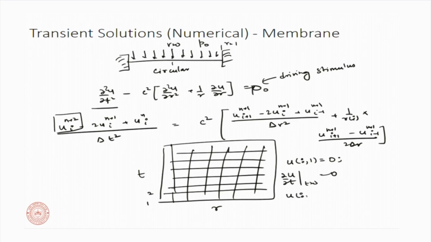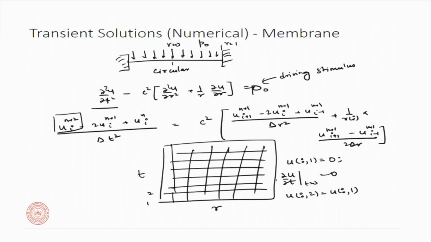So u at all rows at 2 is equal to u at all rows at 1. Okay, so by now you should be familiar with the different boundary conditions, right? If it is 0, that means (u2 minus u1) by Δt is 0, and therefore u2 is equal to u1. Okay, so you now have full information of these first 2 rows.